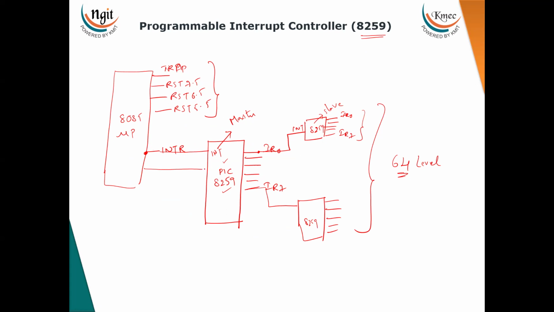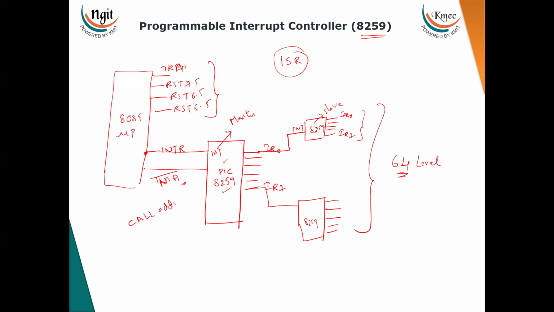In response to that, the microprocessor will send INTA, to know the vector address and to execute the ISR. The microprocessor needs the address, so it sends INTA. In response to INTA, the 8259 will send the call and address.